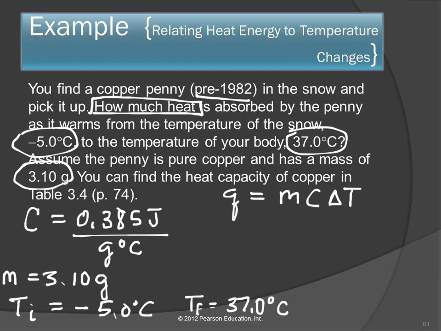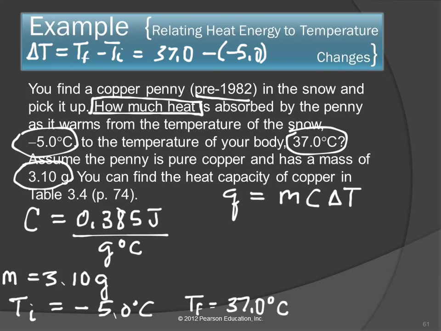Not quite. I'm going to do that up here in the blue bar. Delta T is the final temperature minus the initial temperature. So that would be 37.0 minus negative 5.